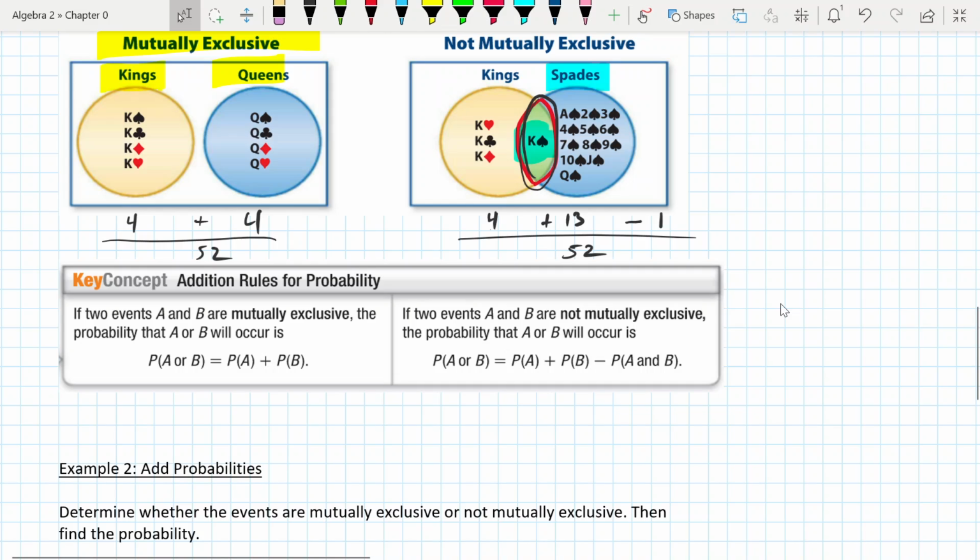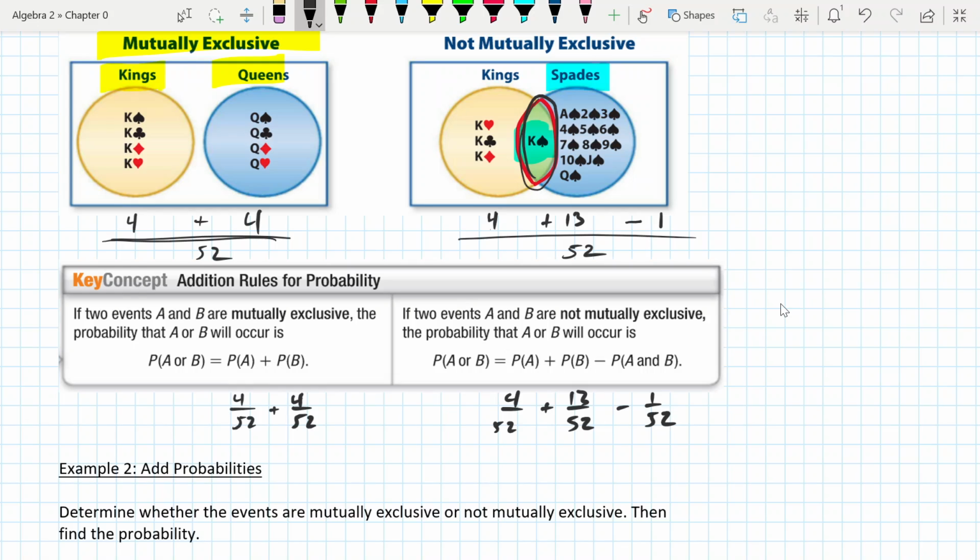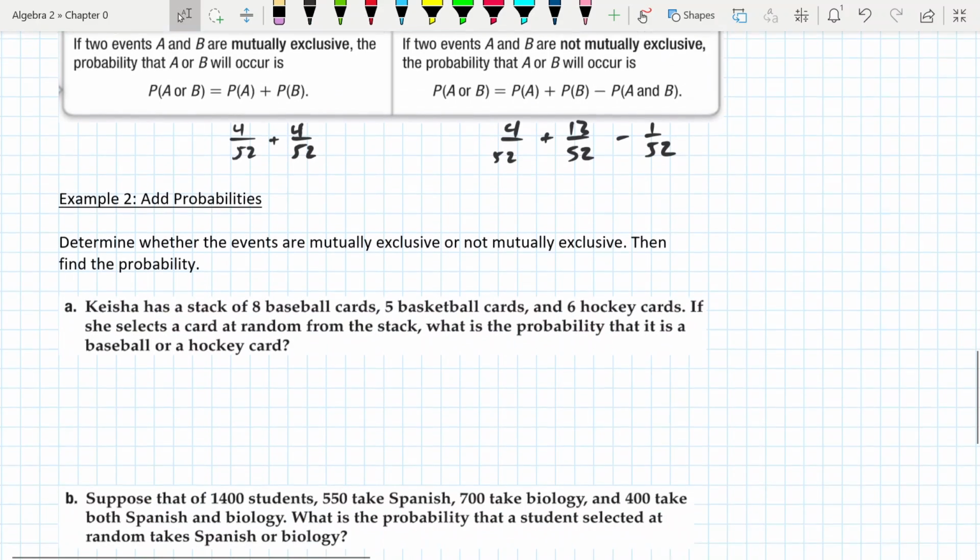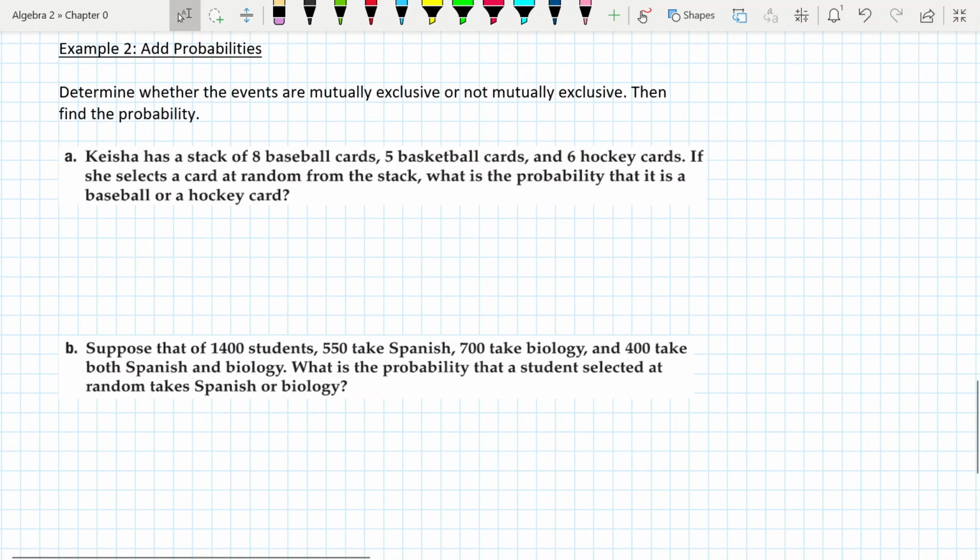I drew these over the big fraction there, but they should actually be calculated out separately and then added together. So 4 over 52 plus 13 over 52 minus 1 over 52. That's how you're supposed to do it. They just all had common denominators, so I just stuck them together in my head. All right, back to the problem.